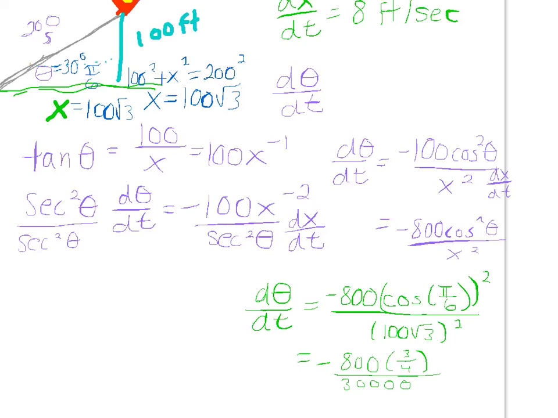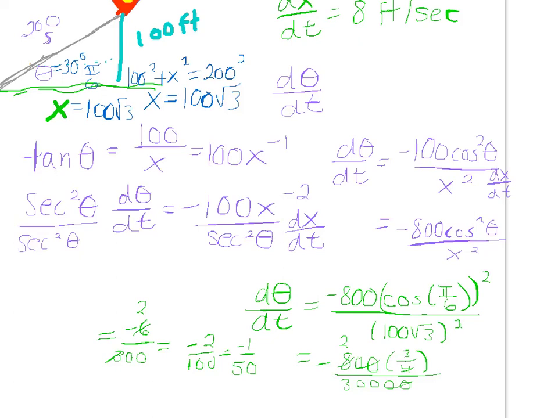And if we simplify that further, 2 of our zeros would cancel, and the 8 would cancel with the 4. So we would get negative 6 over 300, which would be negative 2 over 100, or negative 1 over 50.